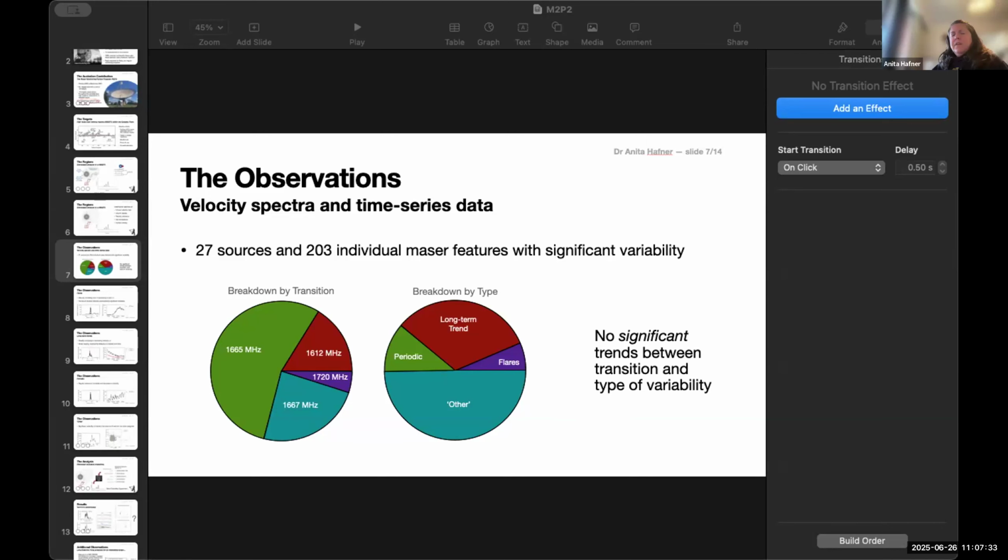I don't know. Well, I think it's good to keep in mind that this is not a blind survey. It is a biased sample. We're targeting high mass star forming regions, so we would expect to see the mainline masers more. Not most, I shouldn't say most, a lot of the 1612 features that we've seen don't look like the kind of features you would see in a high mass star forming region.